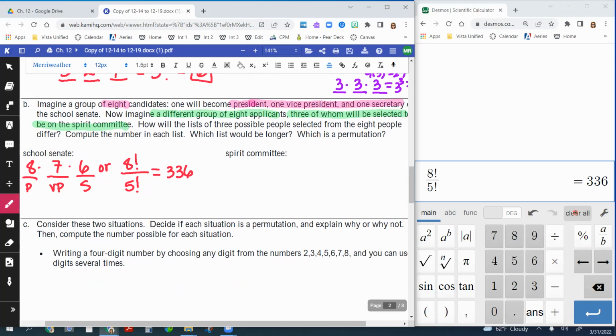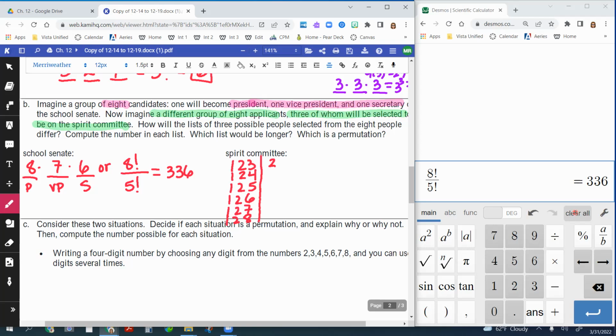So what's going to happen is, let's say I've got person 1, 2, 3, 4, 5, 6, 7, 8. I could have 1, 2, and 3 together. I could have 1, 2 and 4 together. I could have 1, 2, and 5 together. I could have 1, 2, and 6 together. I could have 1, 2, and 7 together. And I could have 1, 2, and 8 together. Okay. Now, let's say I have person 2.